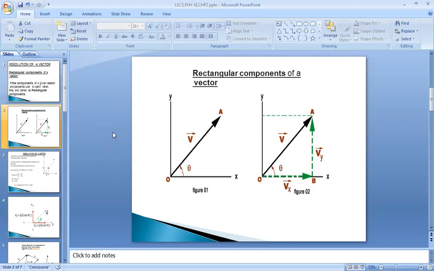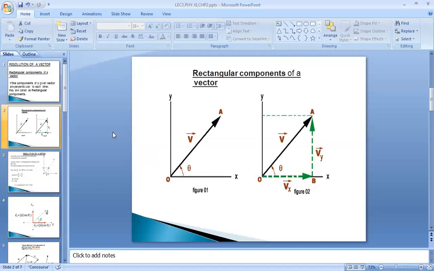You can represent a vector in any direction. So if the force acts on a body at an angle of 30, 45, or 60 degrees, this vector will break into two components.